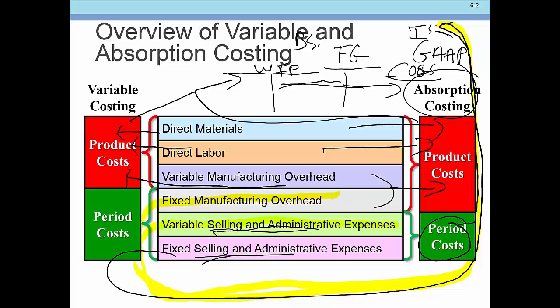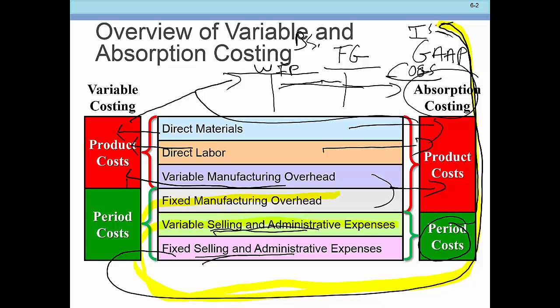Okay. Variable costing is only available for internal reporting. This is not something you use for external reporting. We only use it for our internal reporting purposes because we're going to see that it is going to facilitate the preparation of our contribution format financial statements, in which we're going to take sales minus all variable costs, going to give us what?